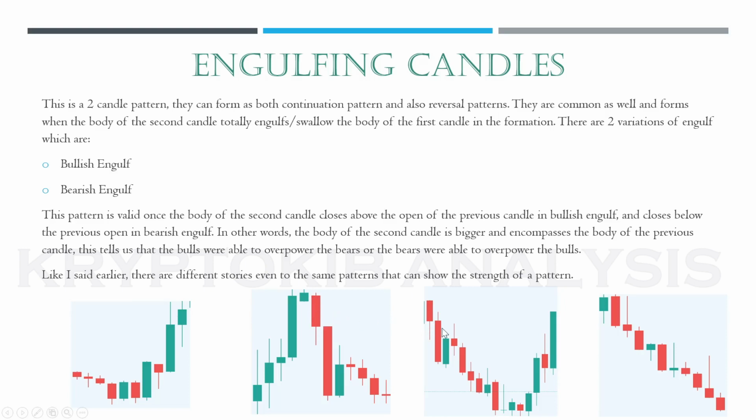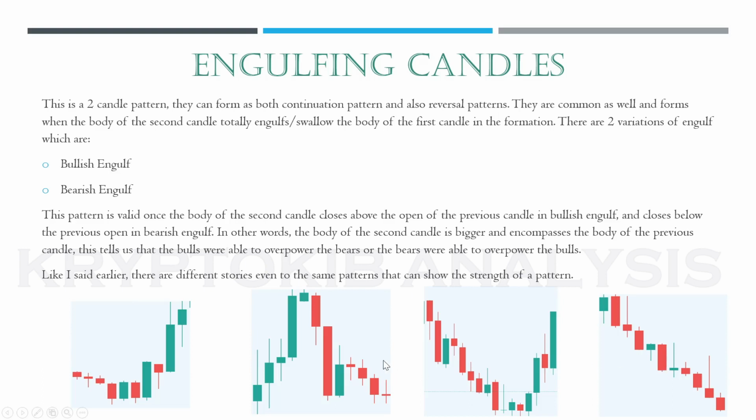Here again we have a bullish engulf, this is one, and this is another one. And here we have the bearish engulf, which swallows the body of this green candle. And then here again we have an engulf, which swallows the body of this candle.